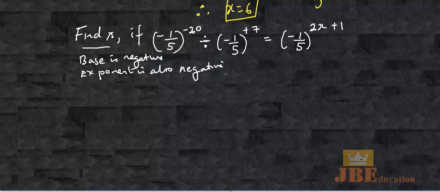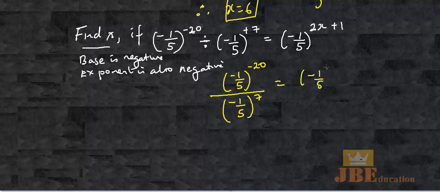So I'm rewriting the question as negative 1 over 5 raised to the power negative 20 divided by negative 1 over 5 raised to the power 7, which is equated to negative 1 over 5 raised to the power 2x positive 1. This could be rewritten as, if I were to move the denominator to the numerator, negative 1 over 5 raised to the power negative 20.